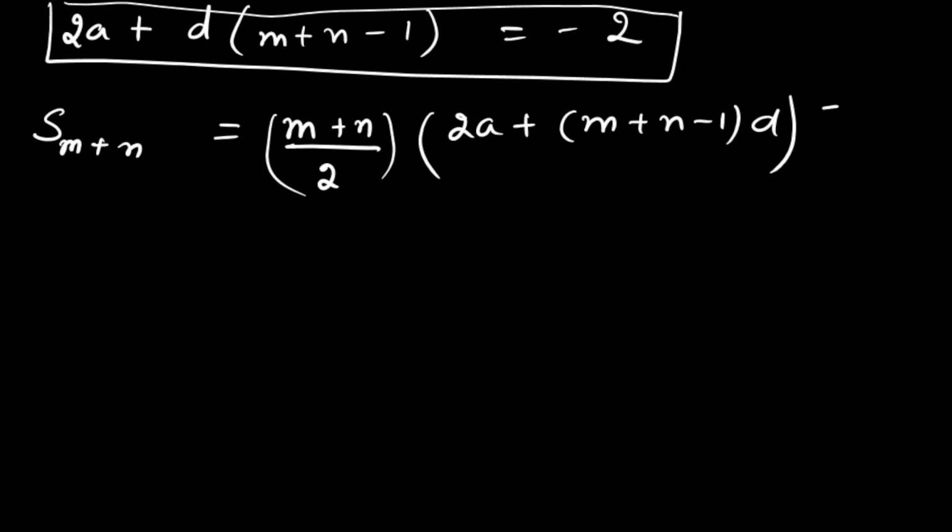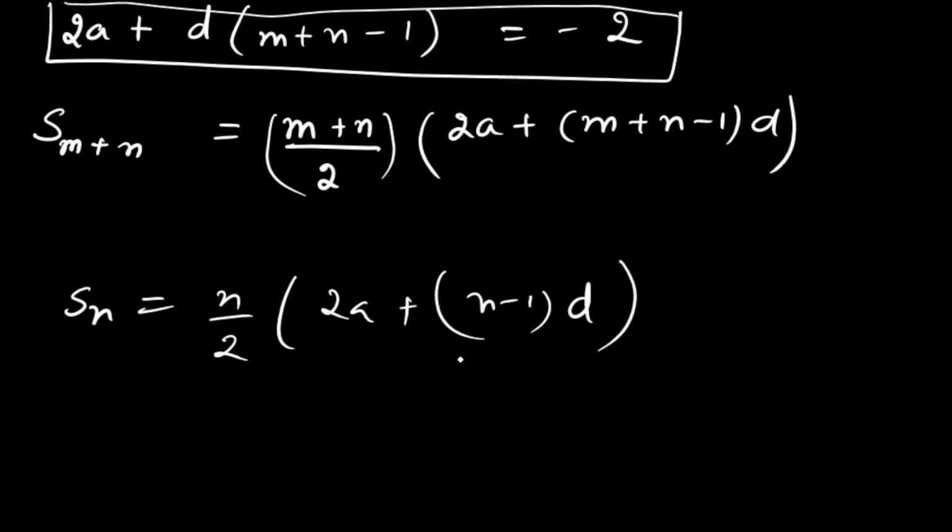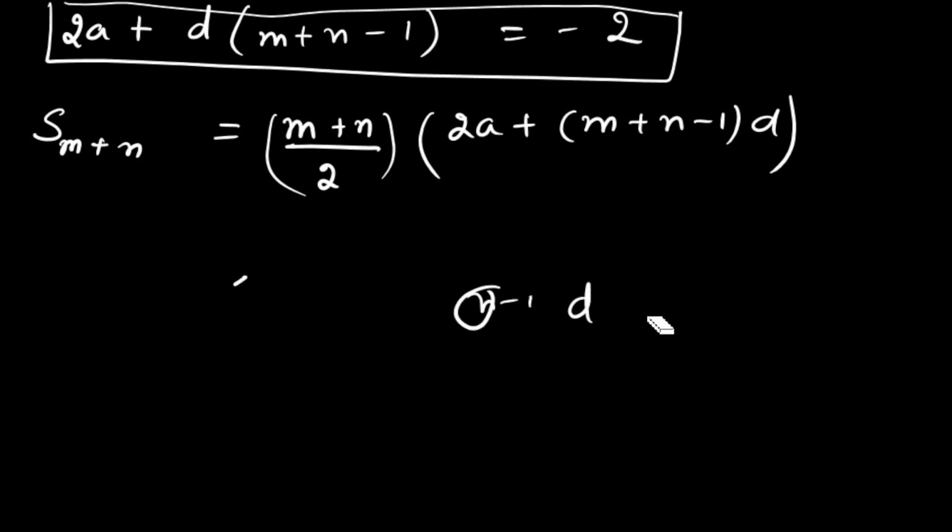So we know this formula, Sn is equal to n by 2 into 2a plus n minus 1 into d. Here at place of n we have to write m plus n. Wherever n is there, at that place I have written m plus n. So you just have to write the formula that way.